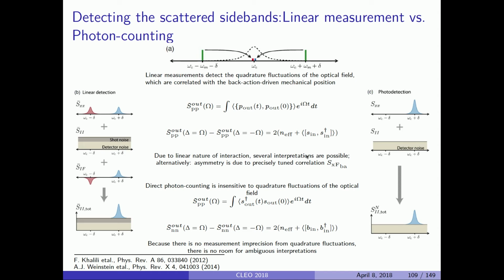But there's another way to detect Stokes and anti-Stokes sidebands. You could also decide to do a heterodyne measurement. What you do is take another local oscillator, and then you generate two beatings, the Stokes and anti-Stokes beating, with a non-symmetrically placed local oscillator, and you can record those. In those cases, it turns out that the asymmetry of Stokes and anti-Stokes doesn't come from the mechanical oscillator's commutator.